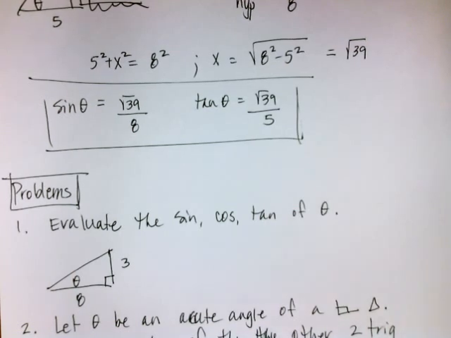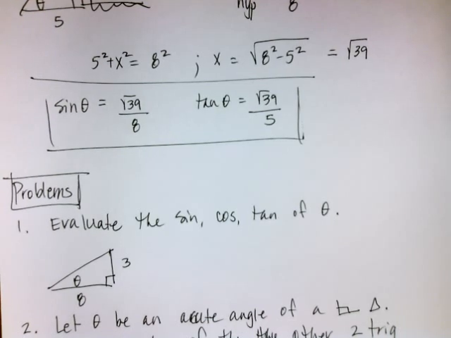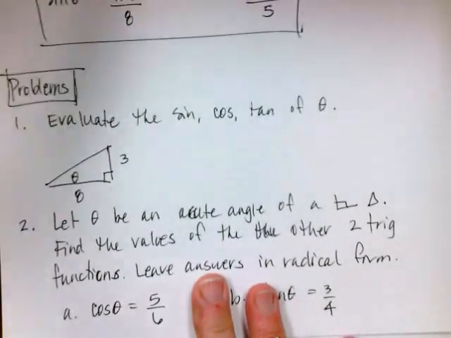Okay, and you're going to be given for A that the cosine of theta is 5 over 6, and B, you're going to be given that the tangent of theta is 3 over 4. All right, let me show that to you.